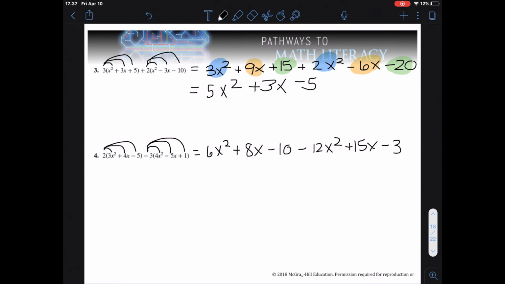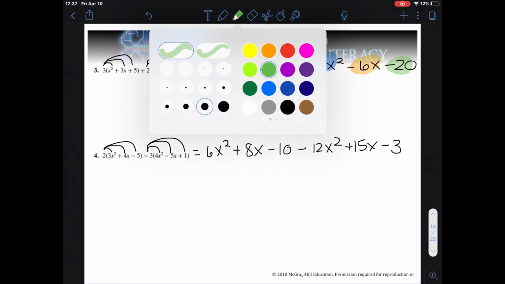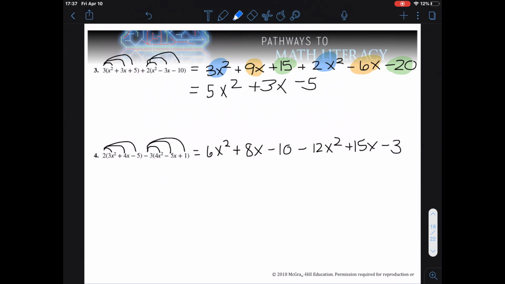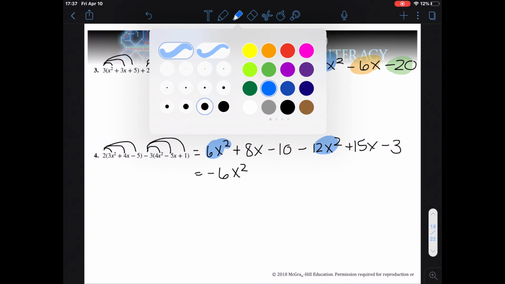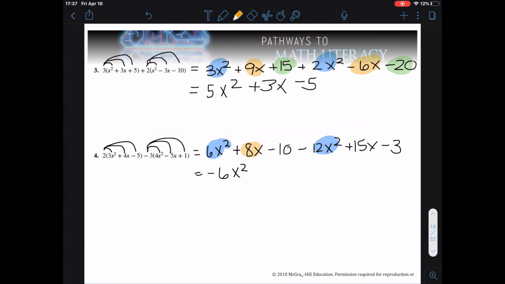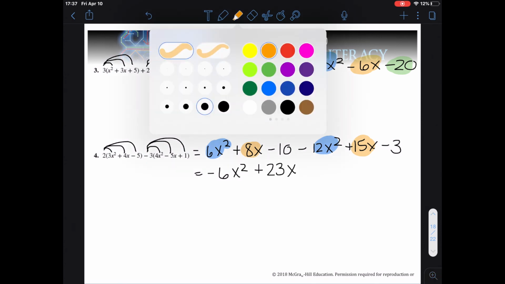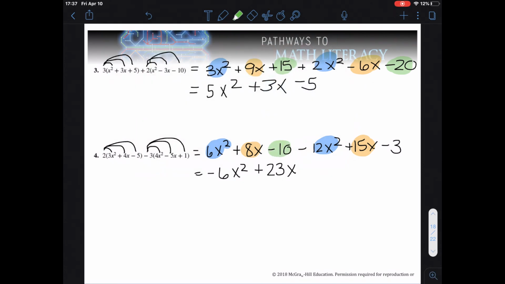And then minus 3 times 1 is going to be negative 3. Now we can group our like pieces. We have 6x squared, but we're getting rid of 12. So now I have negative 6x squared. We've got 8x, and I'm adding 15 more. So in total, we have 23 x's. And then finally, we have negative 10 minus 3. So we have minus 13 as our constant.